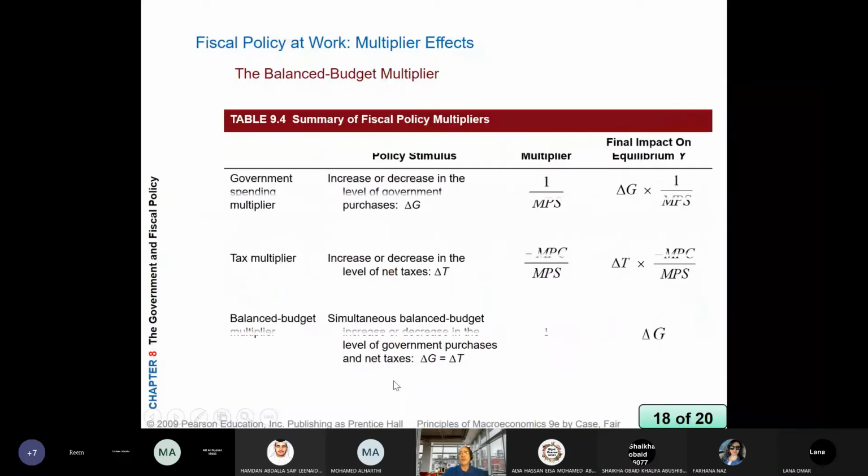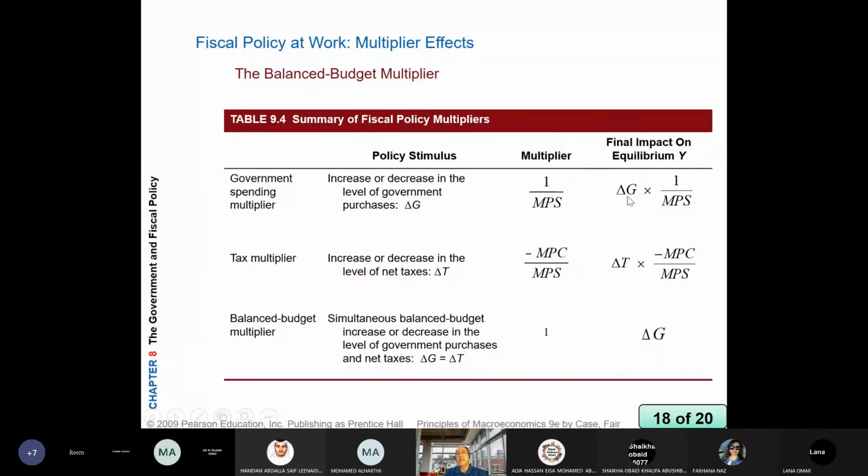So here we have 3 kinds of multiplier: government spending multiplier, tax multiplier, balanced budget multiplier. How to calculate the change in equilibrium level of Y? If there is an increase in government spending, delta Y equals delta G times the government spending multiplier.